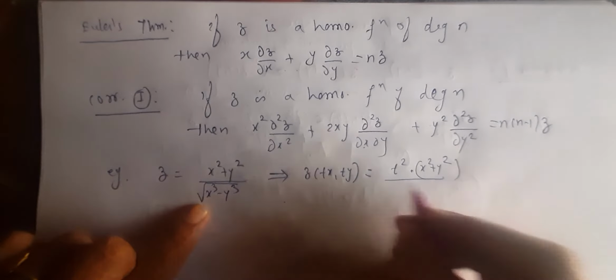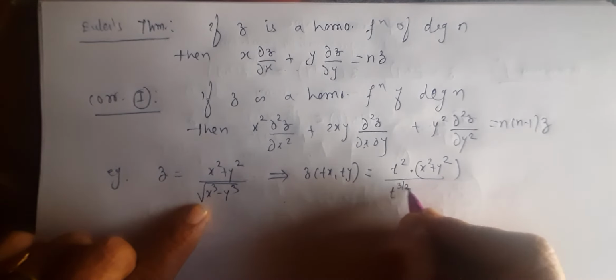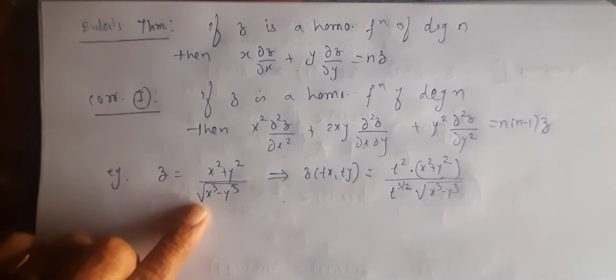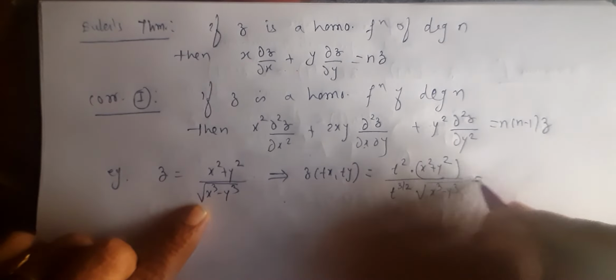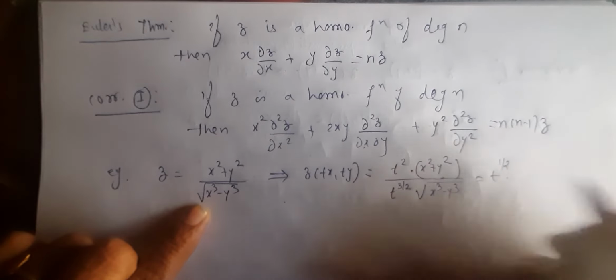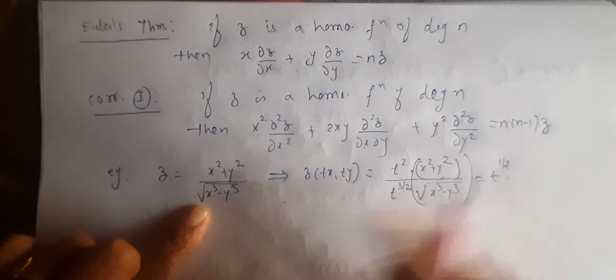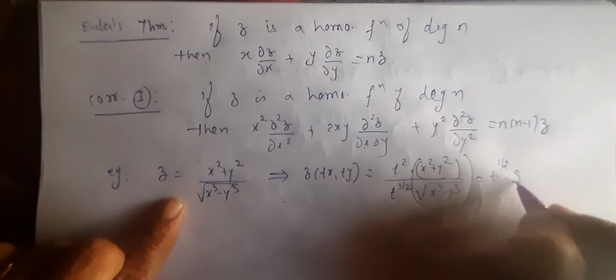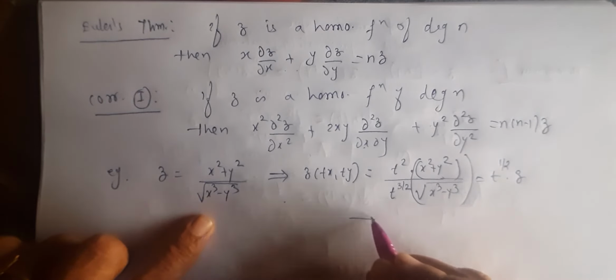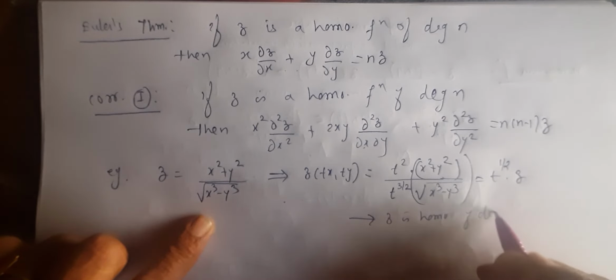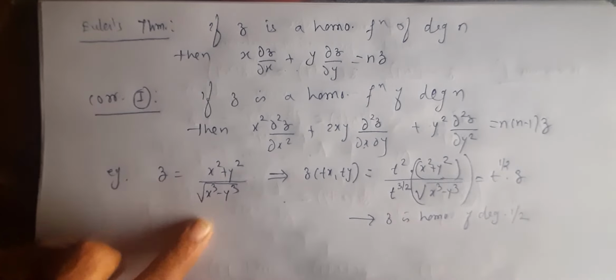So outside the root it is t raised to 3 by 2, into x cube minus y cube. I hope you all are getting what I have done. So this is t raised to half into, see what we are getting, this part is nothing but our z. So we get t raised to half into z, and that gives us z is homogeneous of degree half.